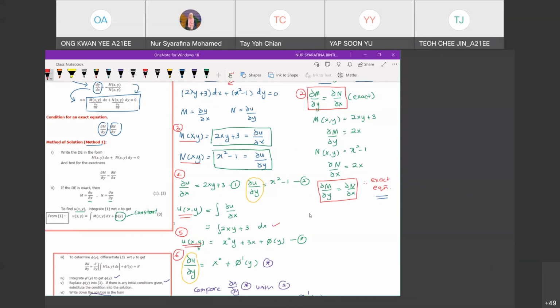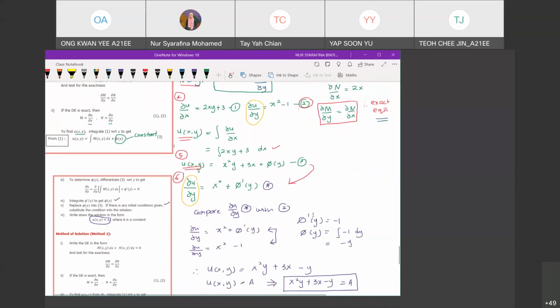Okay, so now you differentiate u with respect to y, and from here to here you obtain x squared plus psi prime y, compare with the second equation. Okay, once you compare, why we want to compare? Because we just want to obtain the value of psi here.